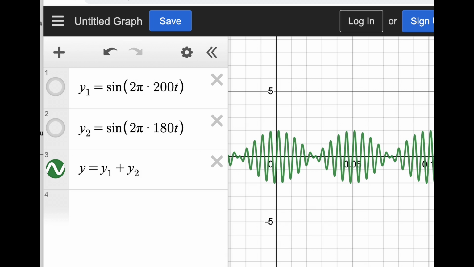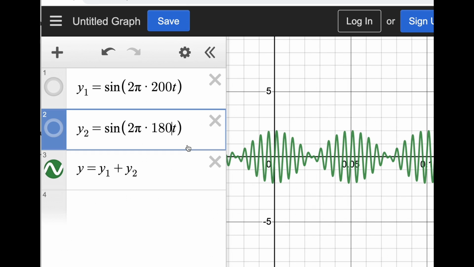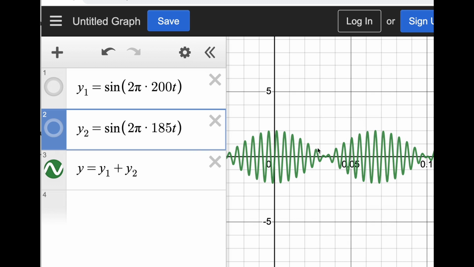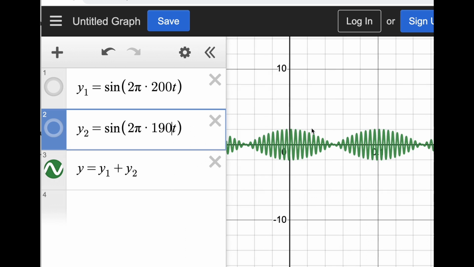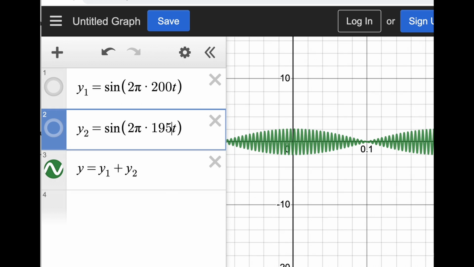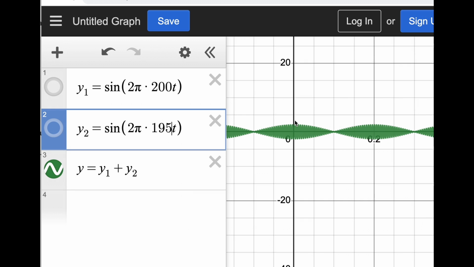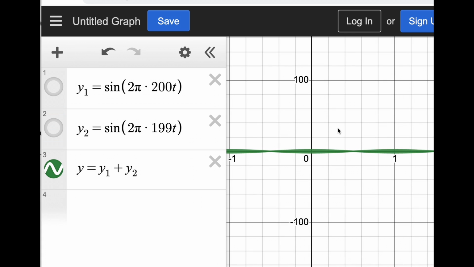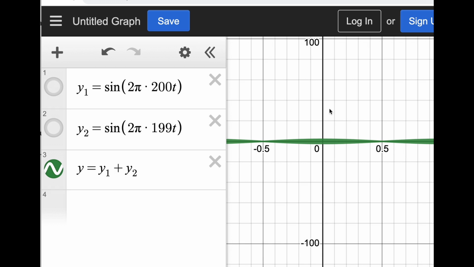Let's see what is causing those beats that we hear. If I raise the frequency of the Y2 to 185, we can see a longer length of this constructive region. If I raise it to 190, we get an even longer length. And then 195 looks like this. 199 would be an extremely long time between beats. So let's match those up with what we hear.